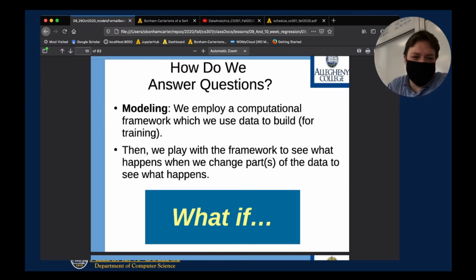But so we're going to use something called modeling, actually, to ask these what I call what-if questions, where, for instance, we're going to take the data, pour it into a technique, and then look at the trends which happen in that data, and then say if those trends are still with us today.